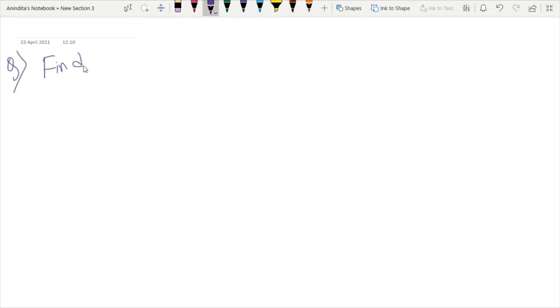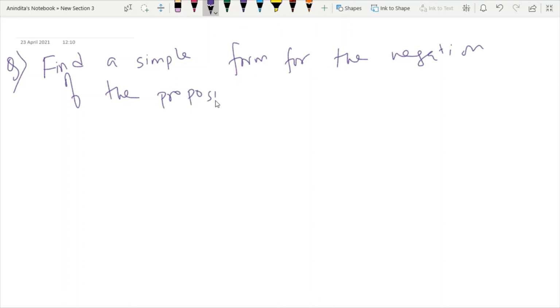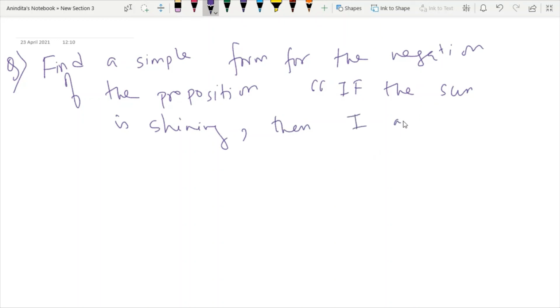A problem is given that find a simple form for the negation of the proposition: if the sun is shining, then I am going to the ball game.